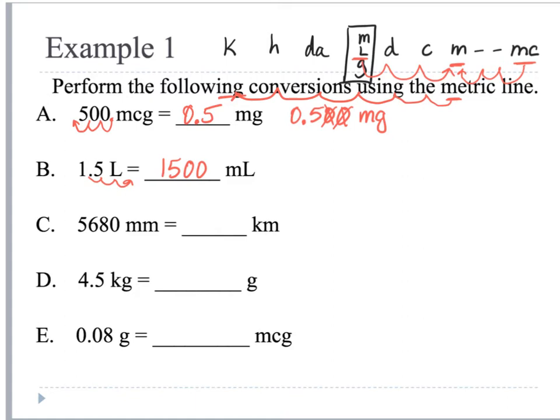So I moved my arrow here to the left. So I have my decimal point here. I'm going to move that to the left 2, 3, 4, 5, 6 places. So I end up with 0.00568.